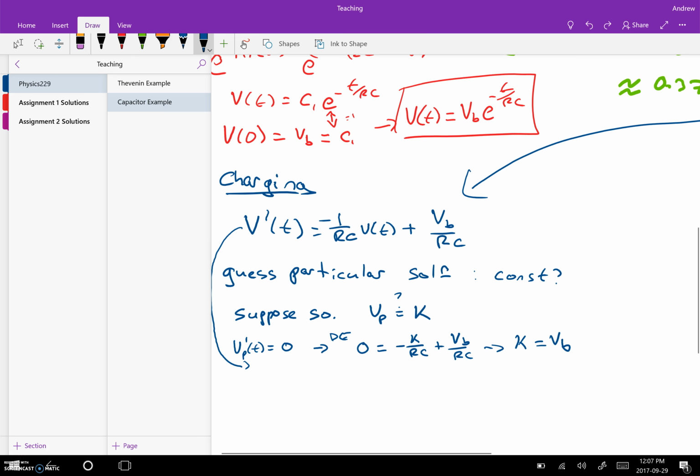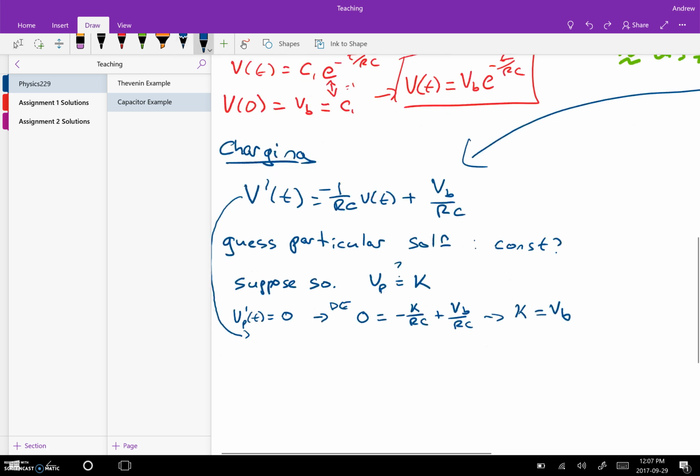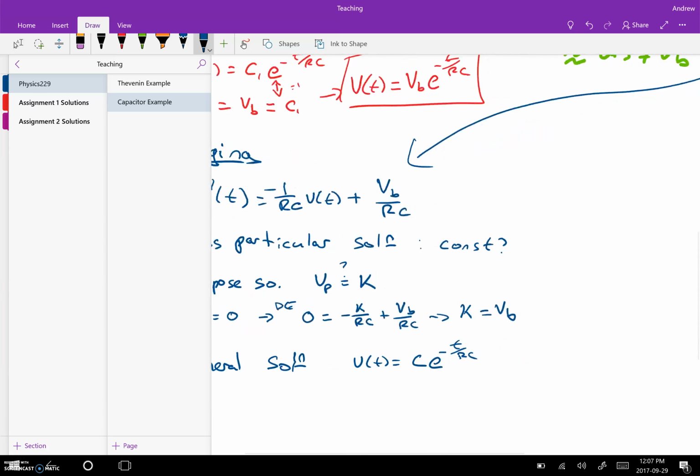And now the general solution is what we found before: V of t is equal to some constant times e to the minus t over RC, remember, that's the solution to the homogeneous, plus VB.